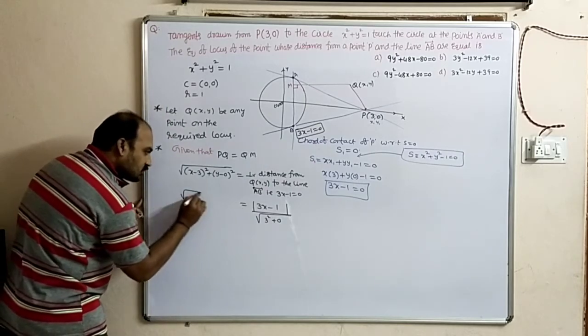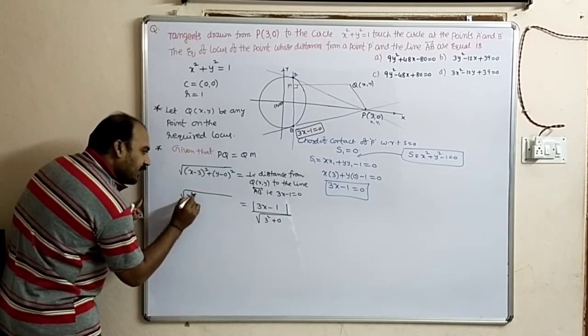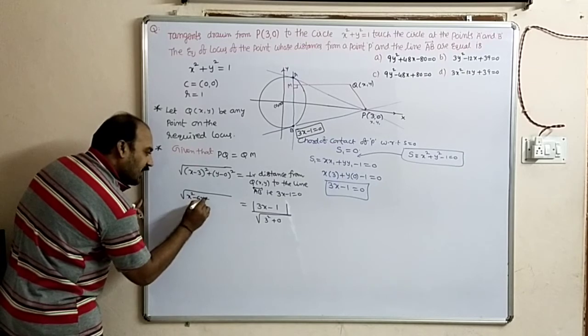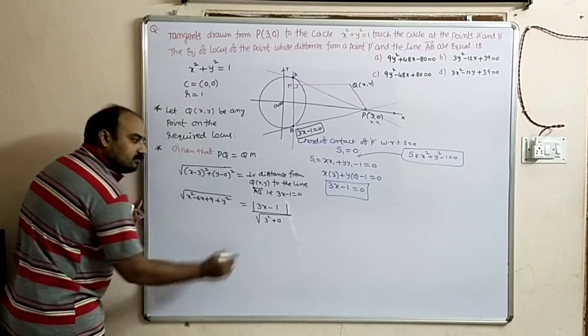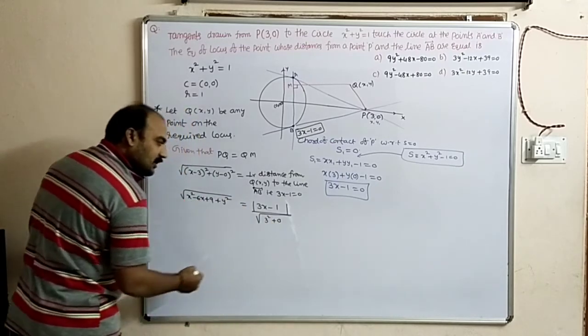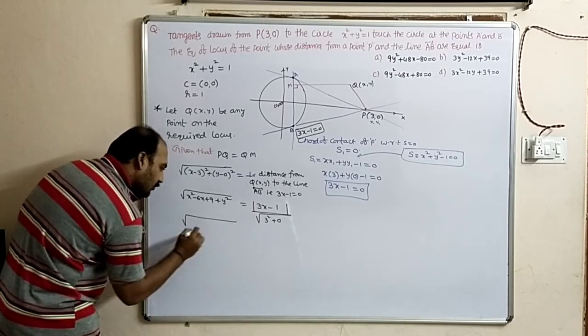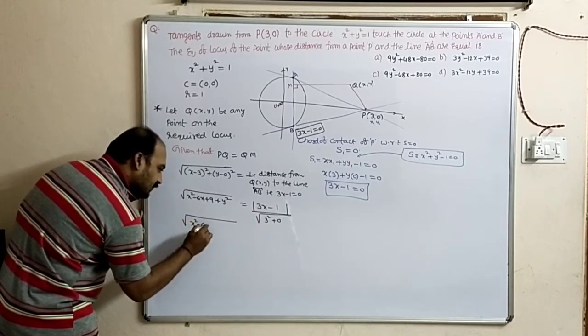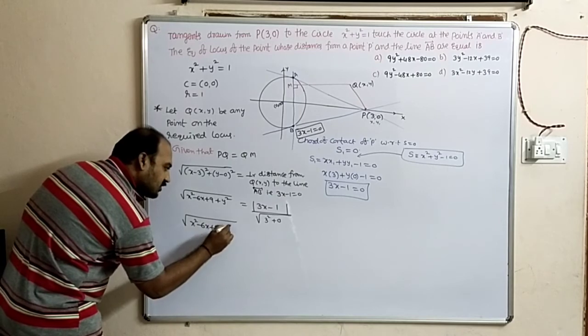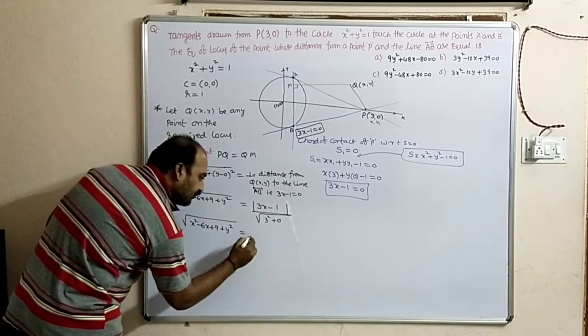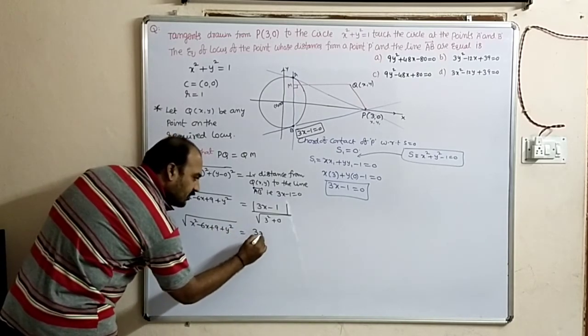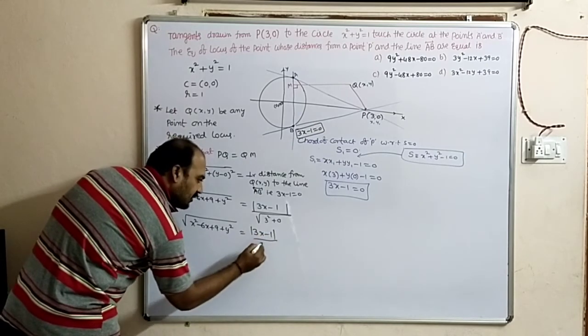Here also squaring, expand x squared minus 6x plus 9 plus y squared. Here root and square cancel. Square root of x squared minus 6x plus 9 plus y squared is equal to 3x minus 1 divided by 3.